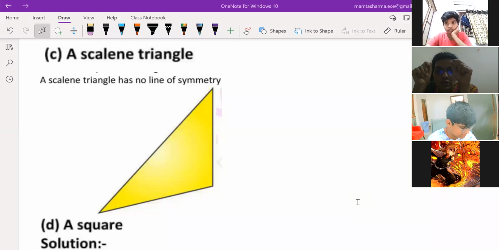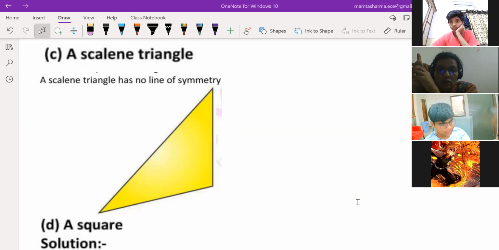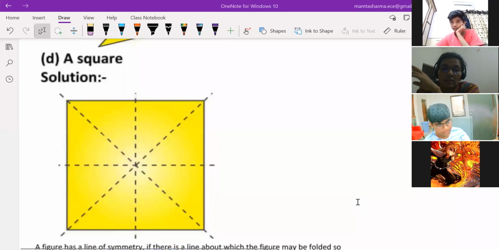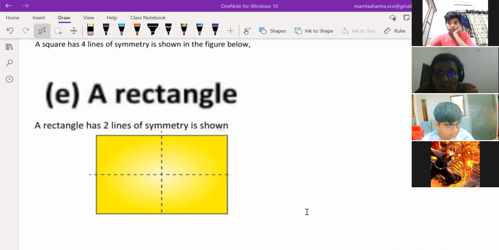Yes. Now fold it. Ma'am, the rectangle is formed of two triangles. Yes, ma'am. Okay, that is okay. But when there is a rectangle shape, how many lines of symmetry would exist? You tell me. Ma'am, two. You explain it by folding this paper.